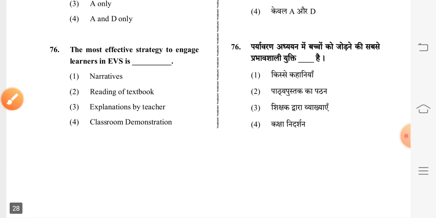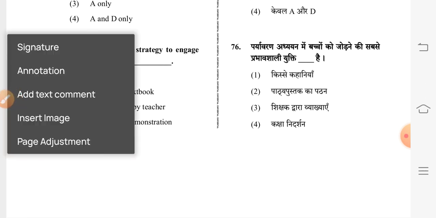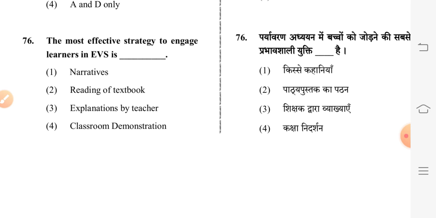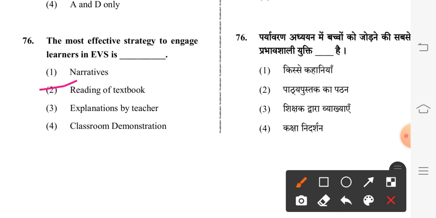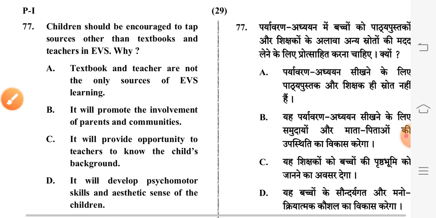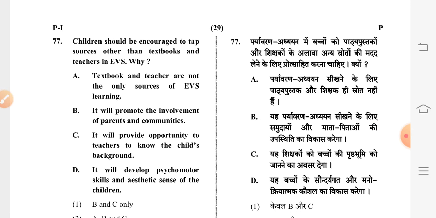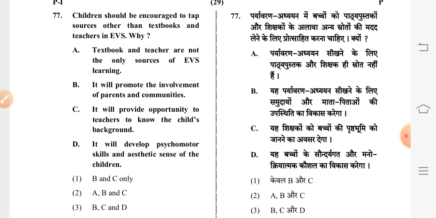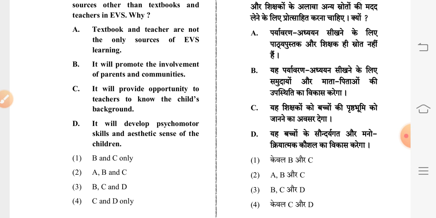The most effective strategy to engage learners in EVS is? Second option, reading of textbook. Children should be encouraged to tap sources other than textbooks and teachers in EVS. Why? Fourth option is correct. C, D only.